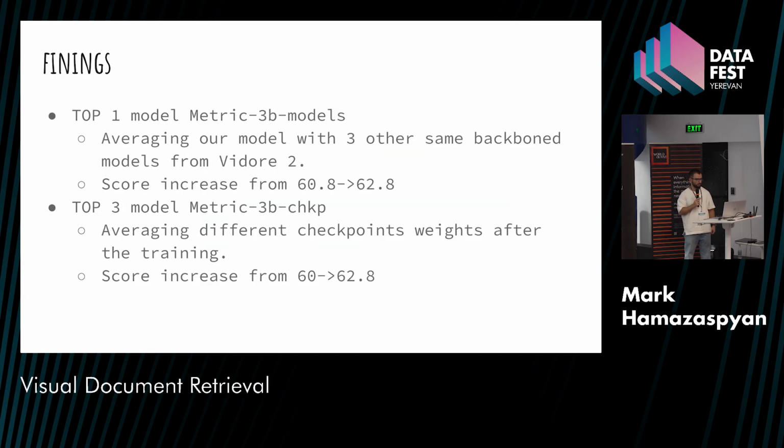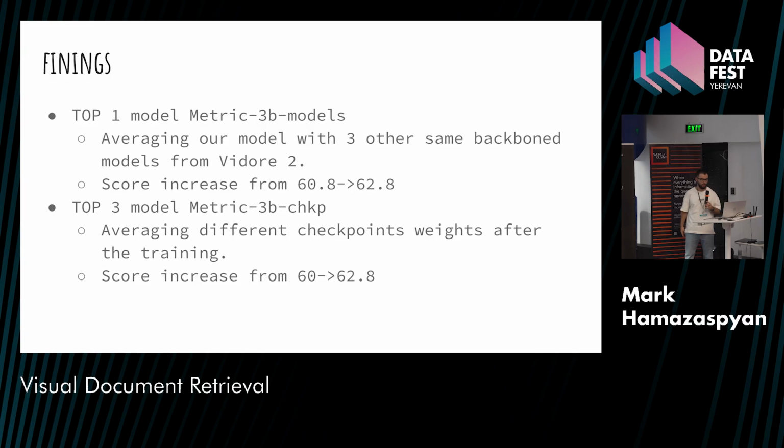First of all, the first finding is that whenever we train this embedding model, or do any training, there is a good practice of averaging some checkpoints throughout the training. So we averaged our model with 3 other checkpoints.